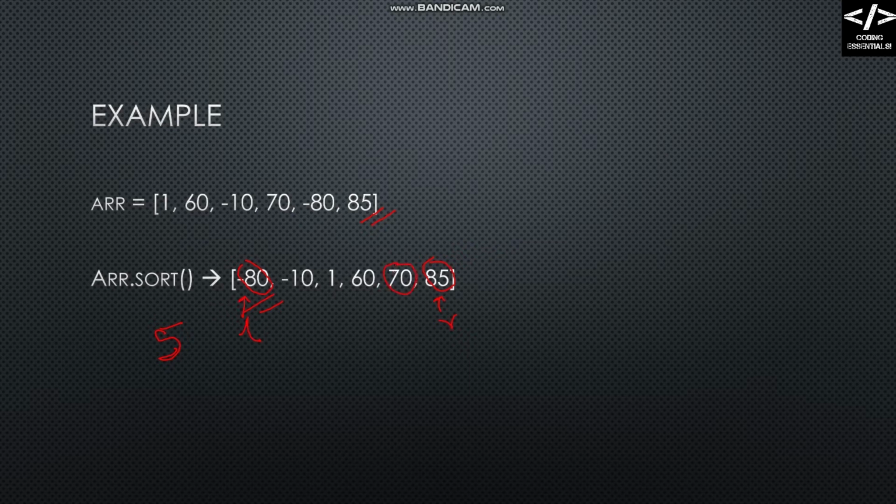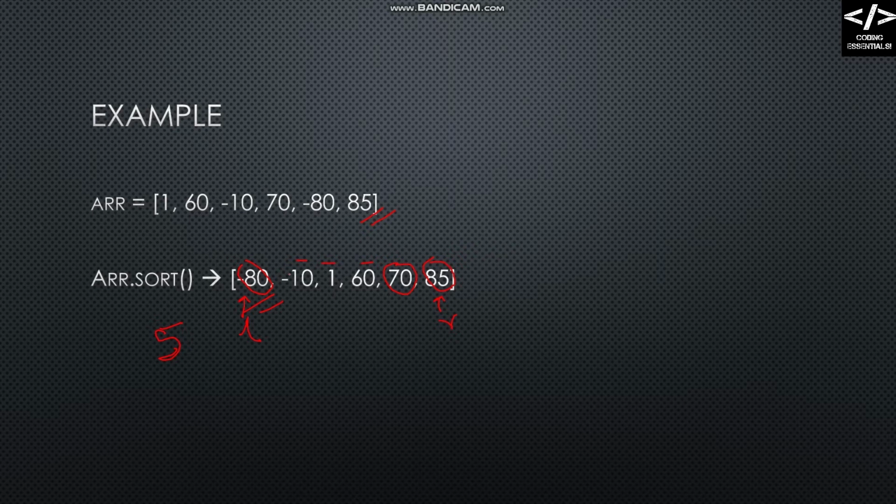Why? Because we don't need to check 85 with any of the other left side elements like minus 10, 1 or 60, because the magnitude of 85 is greater than minus 80. So all the following elements would be less negative.